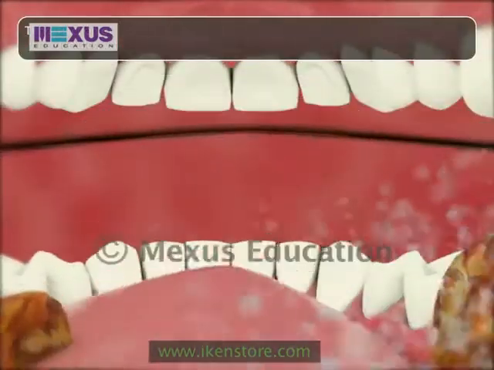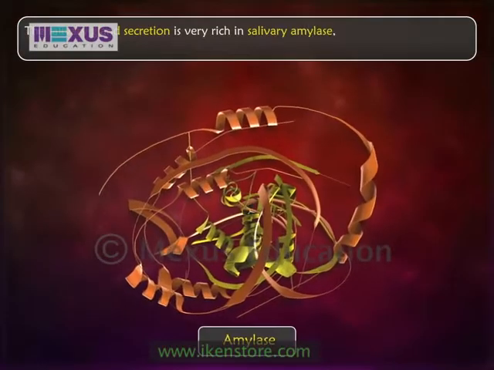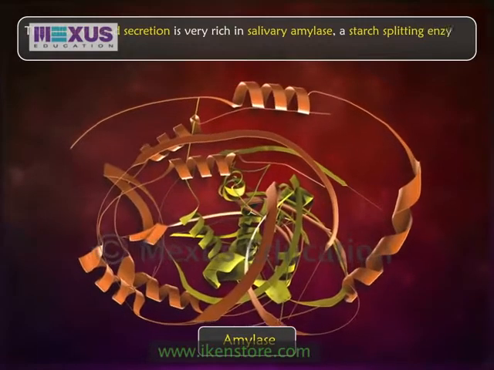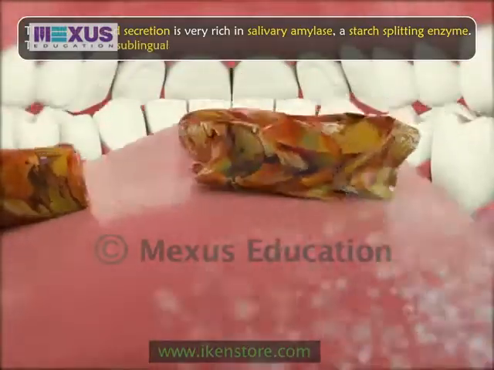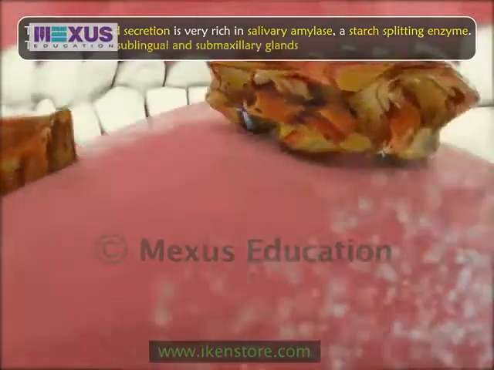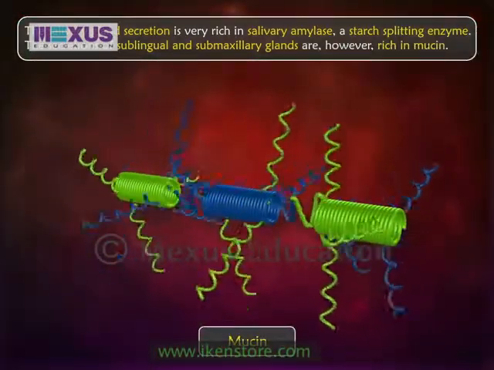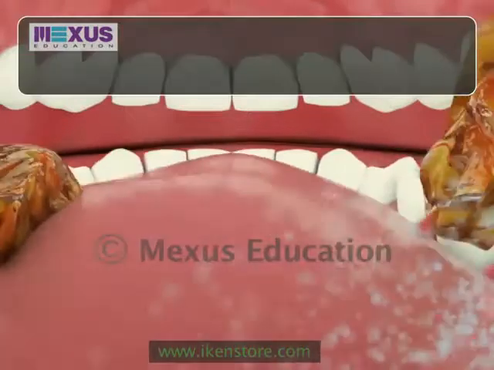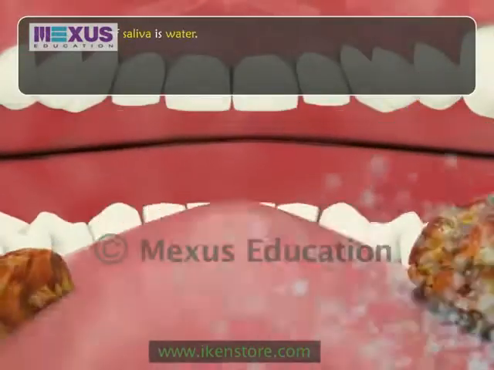The salivary gland secretion is very rich in salivary amylase, a starch-splitting enzyme. The secretions of sublingual and submaxillary glands are, however, rich in mucin. About 99.5% of saliva is water.